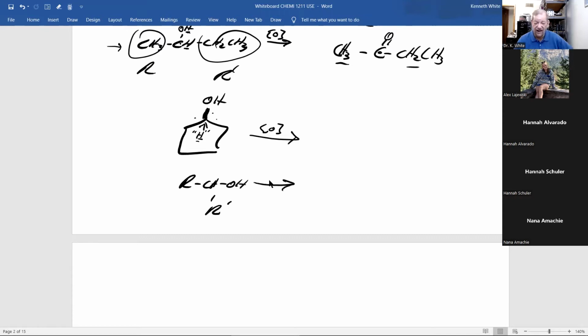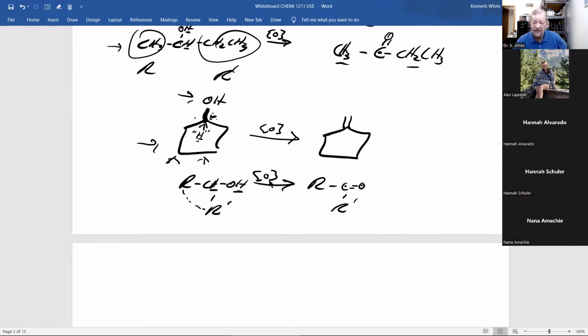And when you oxidize it, you lose this hydrogen, this one, and form a carbon-oxygen double bond. Now in a ring, R and R prime are connected together right there and there. Doesn't matter what you call R and R prime. So I'm still going to have the ring, and the carbon right here that has the hydroxyl group on it will be this carbon. And how do we show that? Like this.